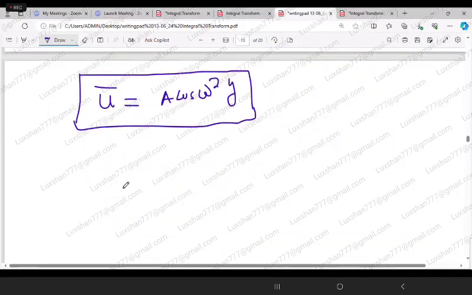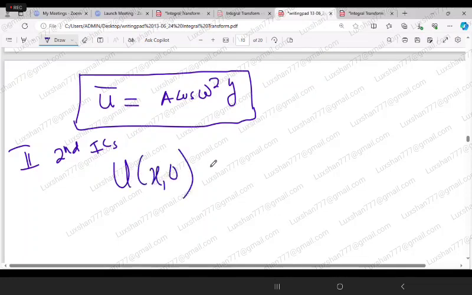To find a, we are given u equal f(x), the second initial condition. What is that second initial condition? It says u(x, 0) is equal to f(x).